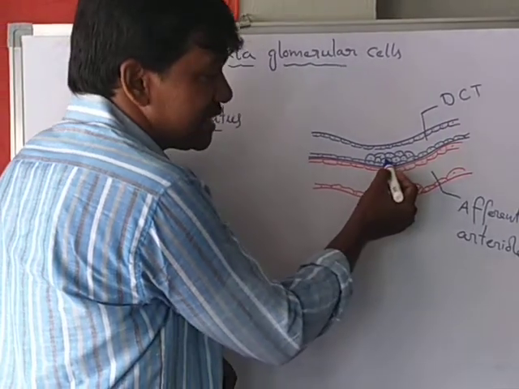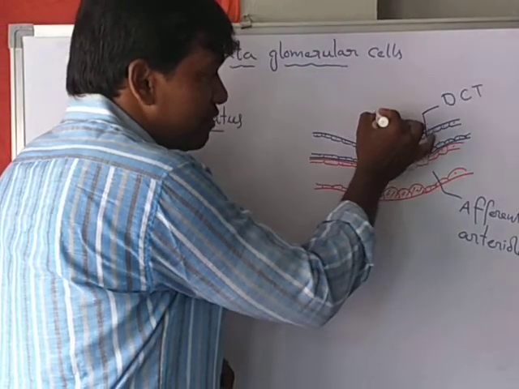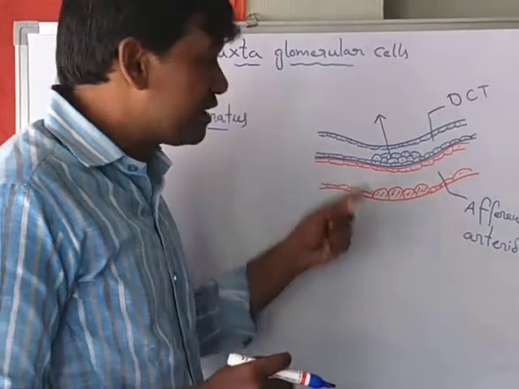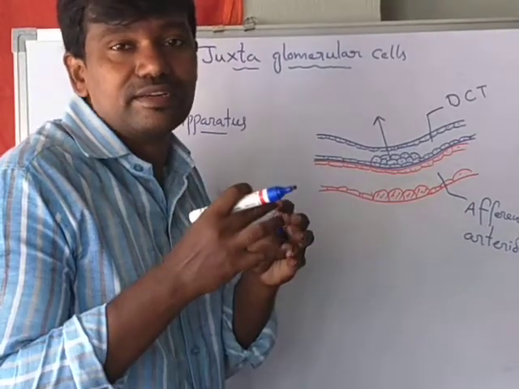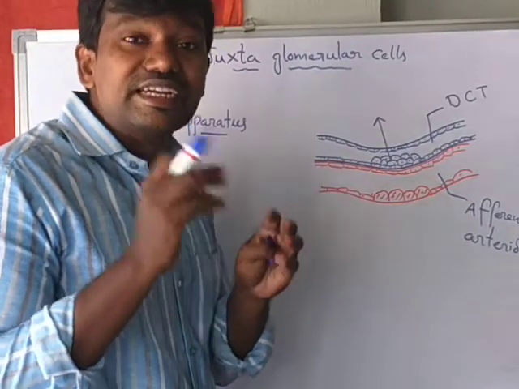The wall of the DCT contains modified epithelial cells. These modified epithelial cells are crowded in the wall of the DCT.